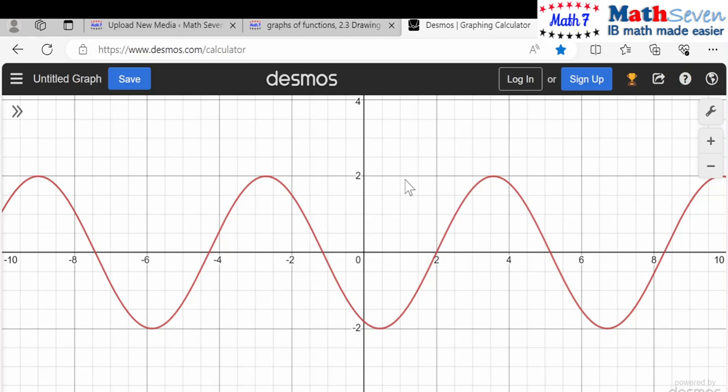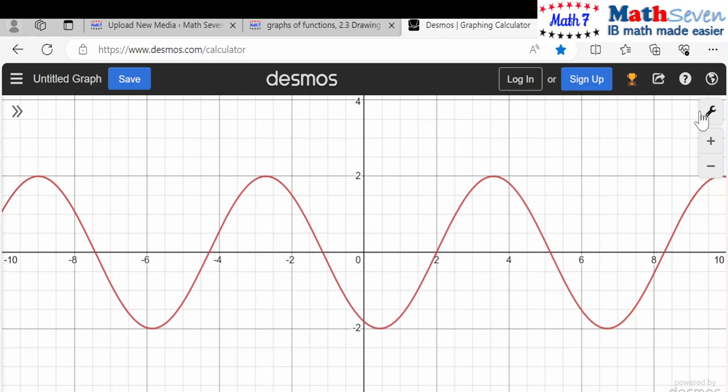We'll talk about this later. In this chapter they're asking you to draw it using the calculator, but later on, in chapter 12, we're going to be able to draw these types of functions without a calculator.